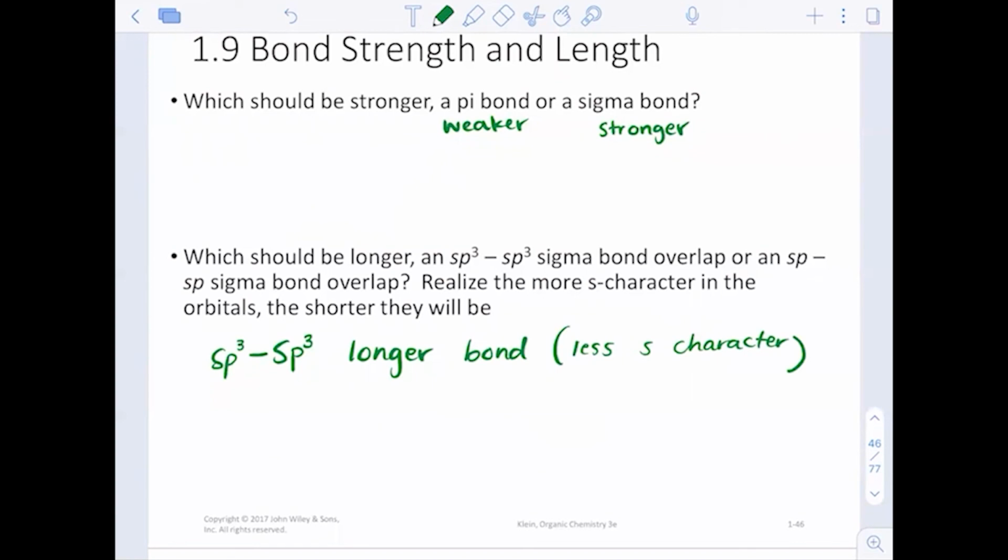The sp to sp sigma bond, that sp orbital is actually smaller. It's more S character, so it looks more like a sphere. And so it will hold the other atom closer. It'll be a shorter bond.